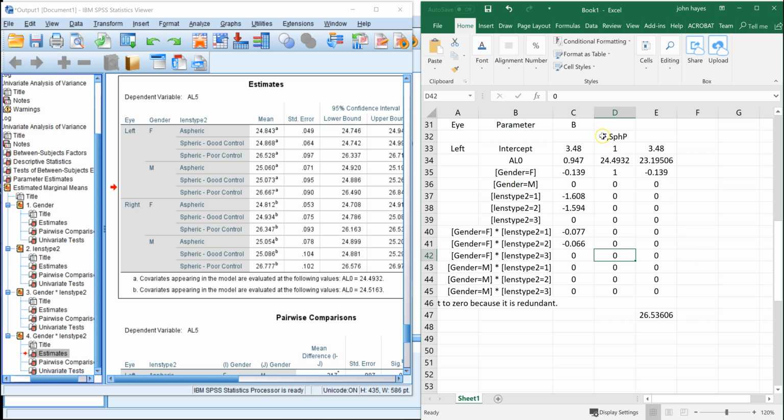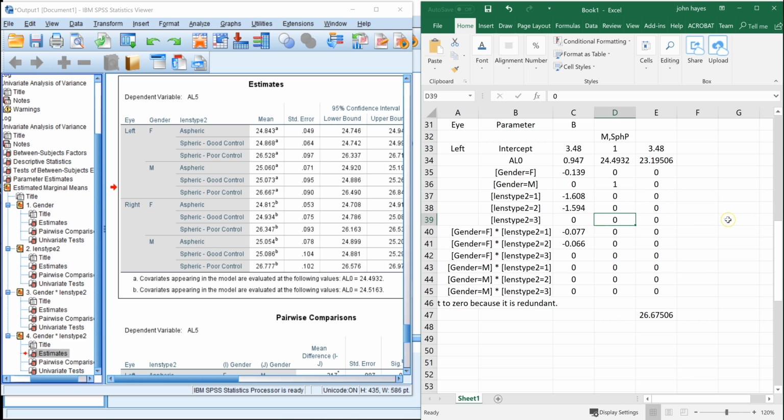Let's try again. This time let's do a male. Let's do a male spherical poor fit. So that's lens type 3. If we come down here, we still have the intercept. Because everybody has the intercept, we have a baseline measure of 24.49. We're looking at the same mean baseline starting point. And then the gender, though, not a female, a male. So we could give that a 0. We can give that a 1, but notice it's still a 0 because now it's 1 times 0.